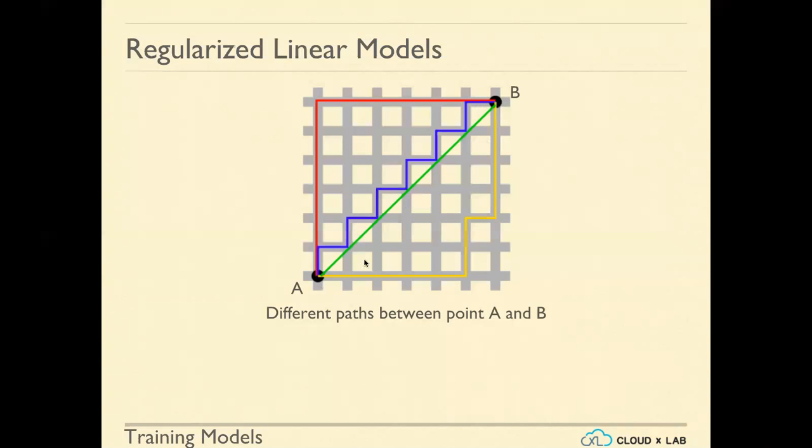Now the question is that there could be many ways to go from A to B. One way could be that we just fly from A to B straight. The other is to go through the lanes like this.